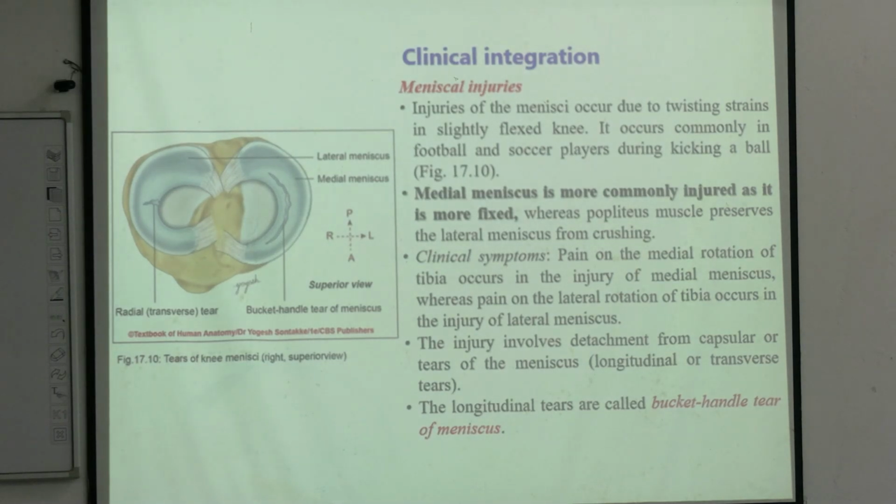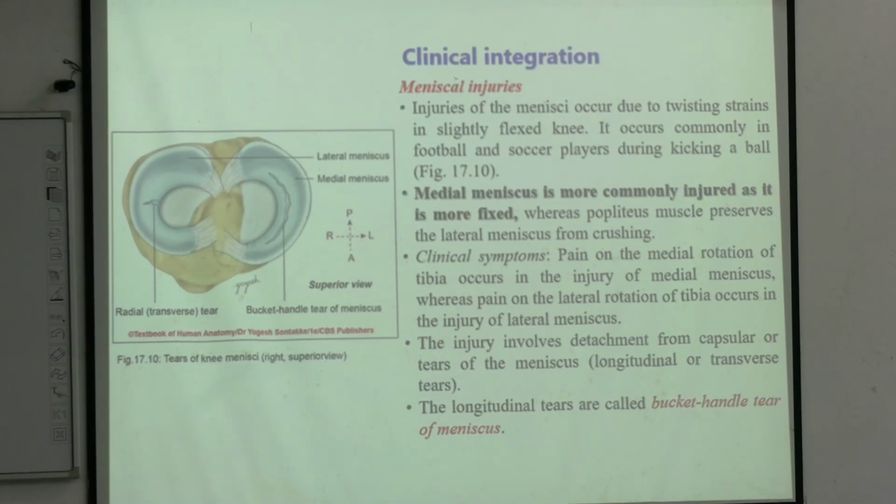Now, again, we learned about the ligaments: the medial collateral ligament, the lateral collateral ligament, and we learned about the ACL and PCL. Out of those, we singled out which one is more prone to injuries. Likewise, of the two menisci, one is more prone to injury than the other. The medial one is more prone to injuries, despite the lateral one bearing more weight. Why? We have mentioned that the medial meniscus is plastered with the medial collateral ligament.